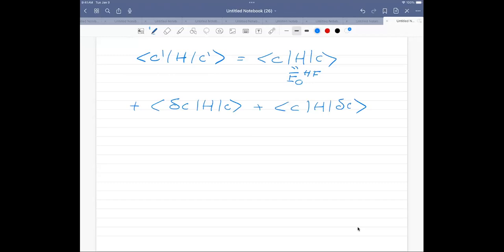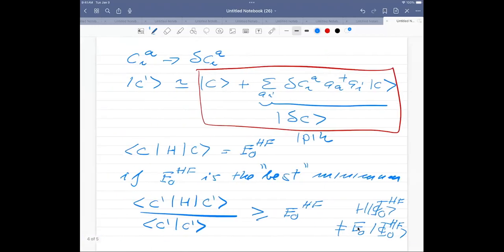So say again. 0? Yeah, because this is a 0 particle, 0 hole state, and you have H, and you connect that with a 1 particle, 1 hole excitation by construction. Because if you look at your 1 particle, 1 hole state, that is the one which you have here. So this is a 1 particle, 1 hole state.